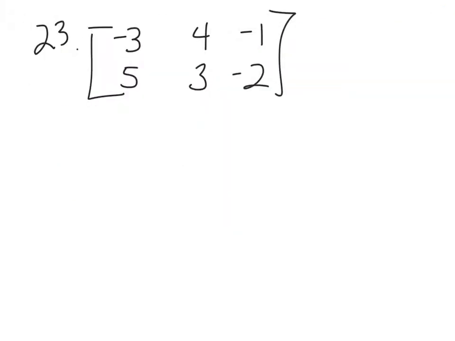So, guys, X's, Y's, right? Yep. Okay, then they want us to translate it 4 to the right. So we need to add 4 to all of our X's and 5 units down. So subtract 5 from all of our Y's.